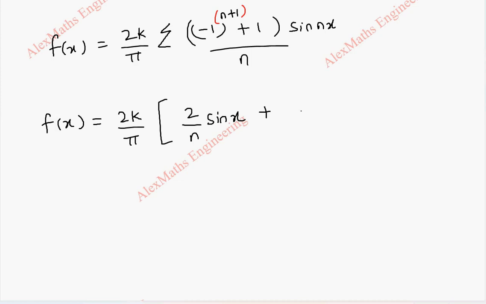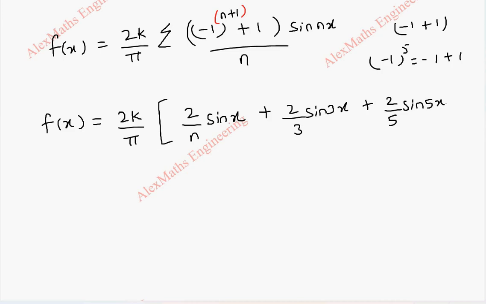So minus 1 plus 1 gets cancelled, and for n equal to 2, the value is 0. Now we substitute 3 for n. So again it is 2 by 3 sin 3x. Again we substitute 4, it will become 0, because minus 1 whole power 4 plus 1 is 5. This is minus 1, already there is plus 1, so it becomes 0. Now I have to substitute 5. So 2 by 5 sin 5x and so on. This is how it goes.